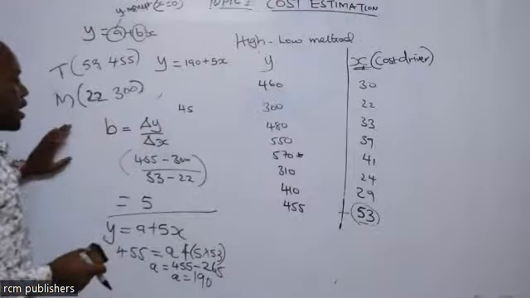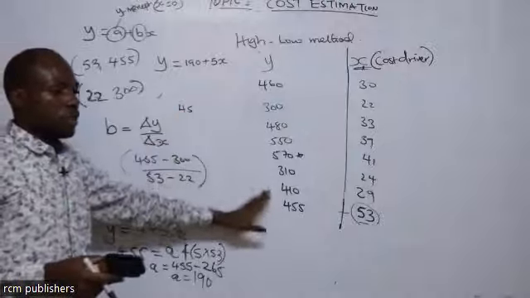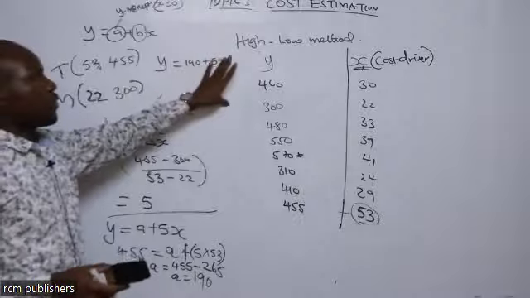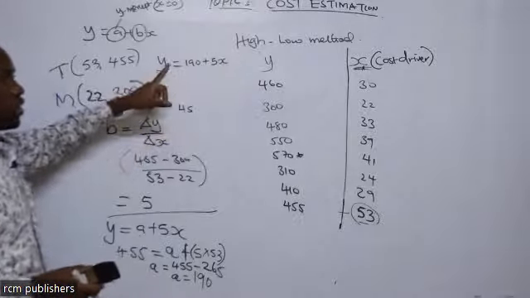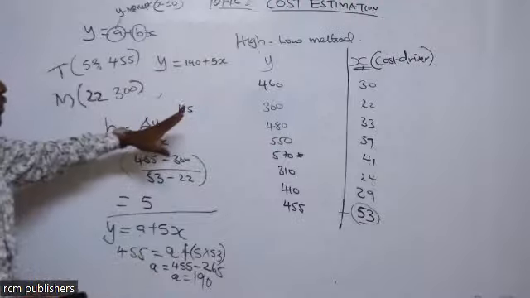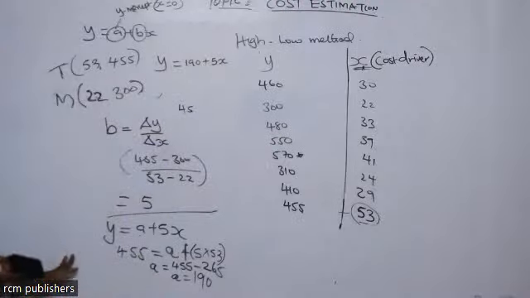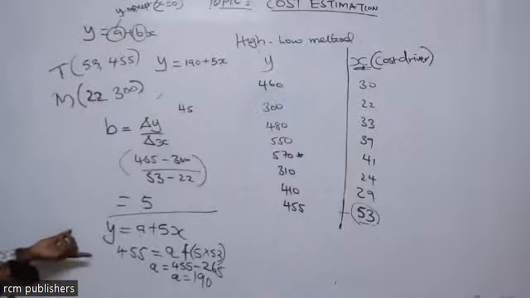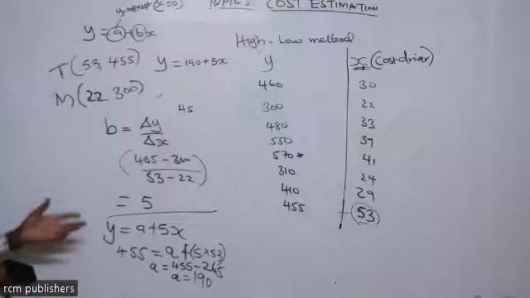For the scattered graph, you're going to plot everything and look for the line of best fit. For the high-low method, we don't need to go through that procedure. We simply pick the two pairs and proceed to calculate, as we have just done here.